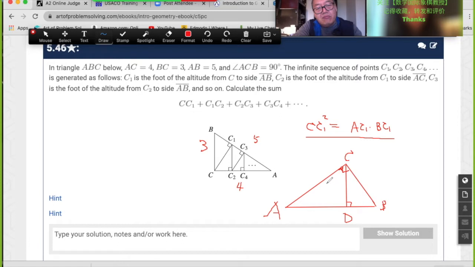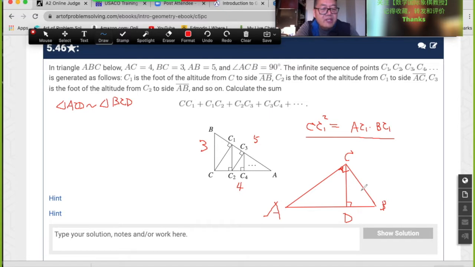In this diagram, we have three pairs of similar triangles. First one, we have triangle ACD similar with triangle BCD. Do you know why?